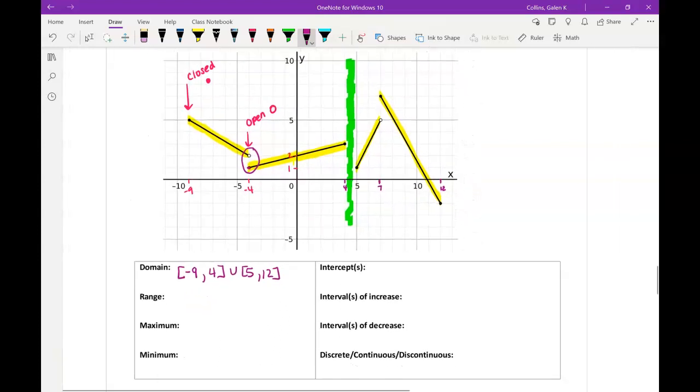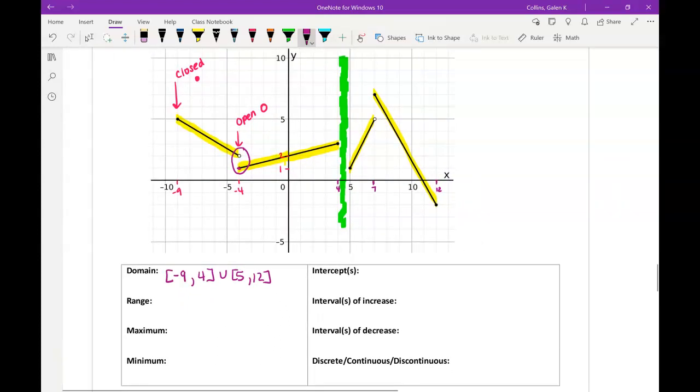All right, before we talk about range, let's look at min and max. My minimum value, again, that's an output, that's a y value. On my graph, I see it's right here. That is at -2. I don't know why I started with minimum. I guess my brain likes to go from least to greatest. y equals -2 is my minimum, and that occurs at the x value, x equals 12.